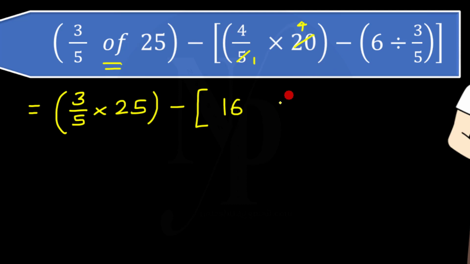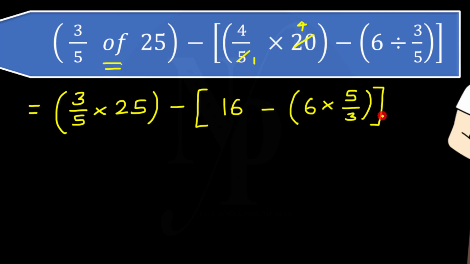I put minus sign here, and looking at the terms within the small brackets here, we have 6 divided by 3 by 5. This division sign may be replaced by multiplication sign by taking reciprocal of the second fraction here. So I write 6 into 5 by 3.